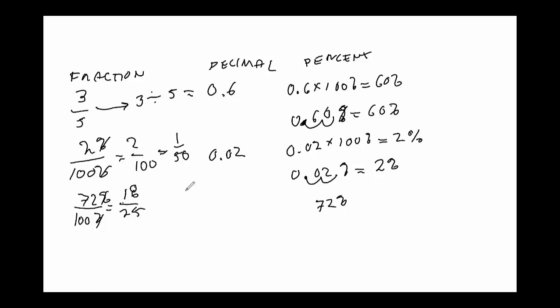So after we do that, we end up with 0.72 as our decimal. Now remember, you don't put a percent sign after the decimal. A lot of times people make the mistake. When you mean a percent, you put a percent sign. If you do not mean a percent and you mean a decimal, you leave it as a decimal.